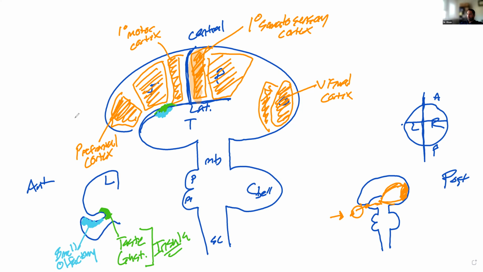Next, we have our auditory, our language centers, and we have two important language centers. We have one here, and we also have one here, and these are sort of regional as well.